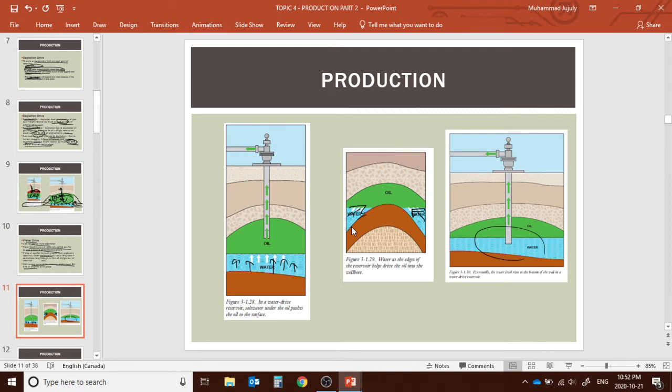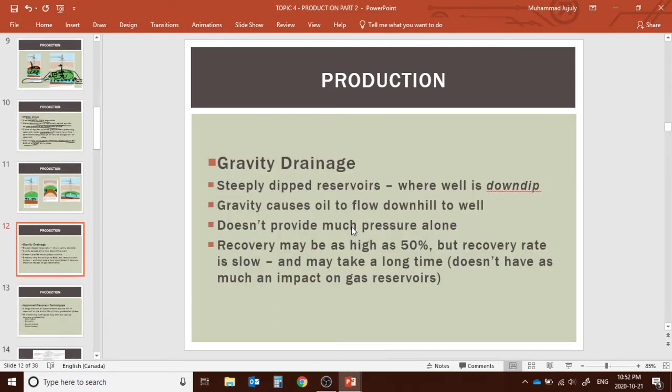Now there is another natural drive, we call it gravity drainage. Now as we know, gravity has an effect on any kind of flow, although it is low, and it totally depends on the geology of the drainage.